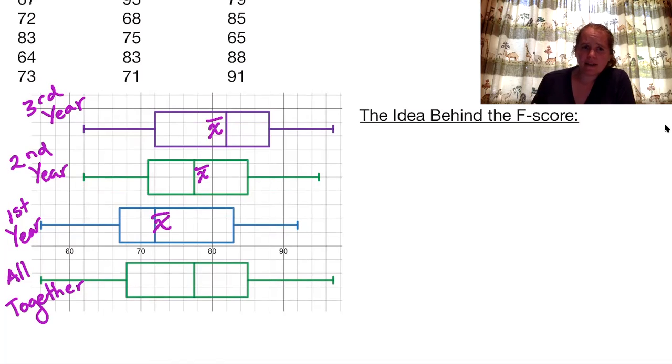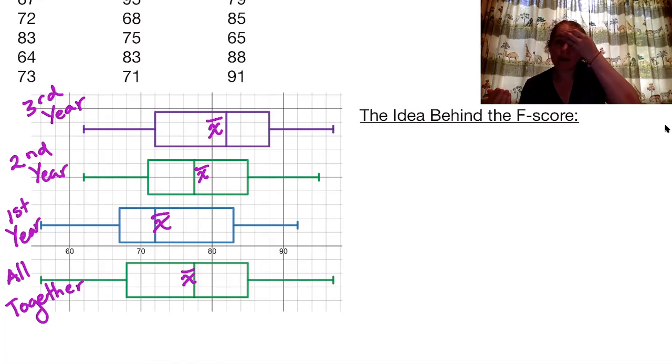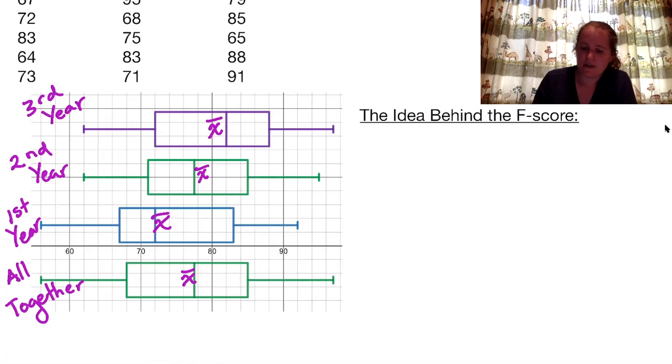And then altogether, the mean looks to be somewhere in the mid 70s. I haven't taken the actual values here, I'm just guessing where the means would be. So in this set, there's a lot of overlap. Based off of how wide the box plots are, the means don't actually look very far apart.